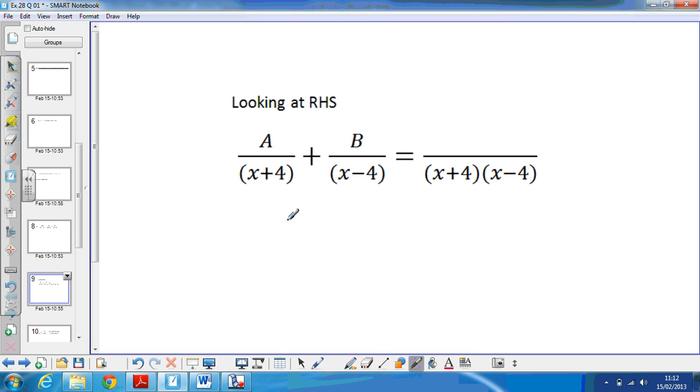So the first step, looking at the right hand side, is to recombine these two fractions, remember, to get the common denominator. And to find the common denominator, here we multiply these two terms together. So now what do we do to get the numerator? Have a go. The solution follows.